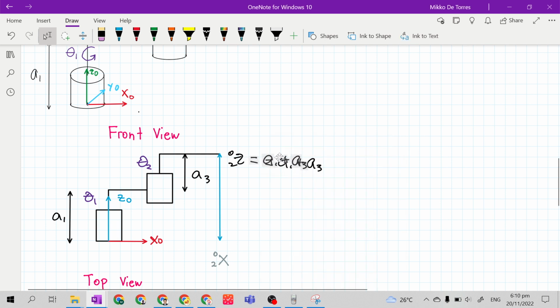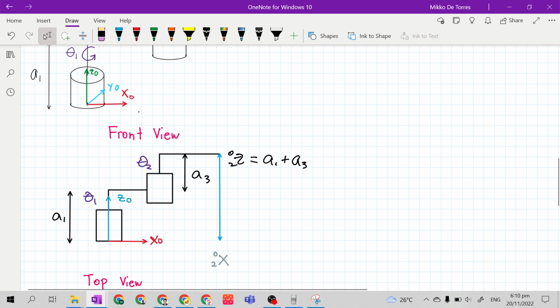A sub 1 is from the base up to the middle of the second joint.